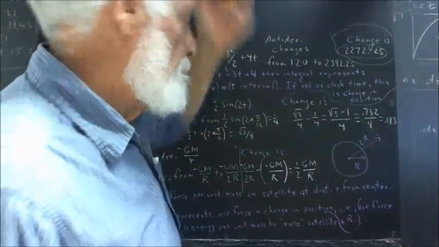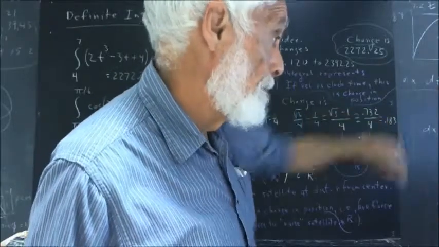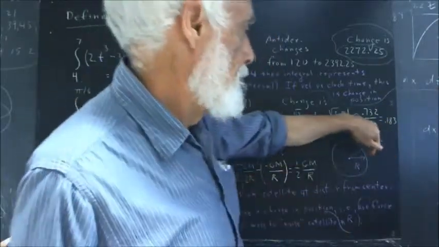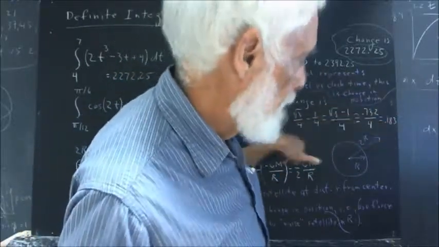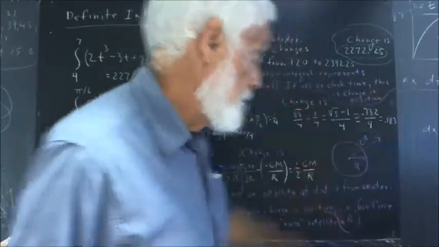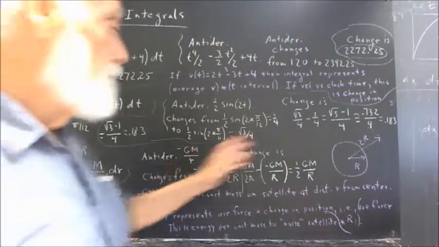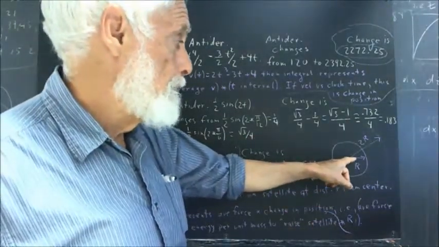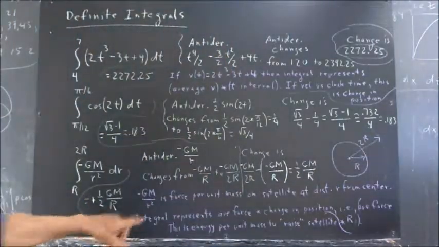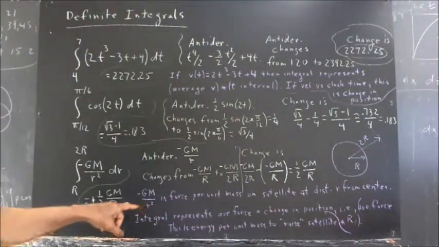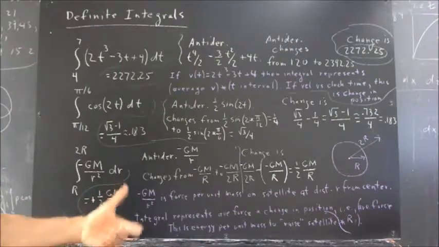And the typical situation would be we want to raise a satellite from here to here. Now, we don't just raise the satellite from here to here. We've also got to give it enough speed so it doesn't fall back and stays in orbit, if we're trying to get a satellite in orbit. But in any case, this integral tells us how much work we've got to do just to get the satellite from here to here, because the integral represents then the average force per unit mass.